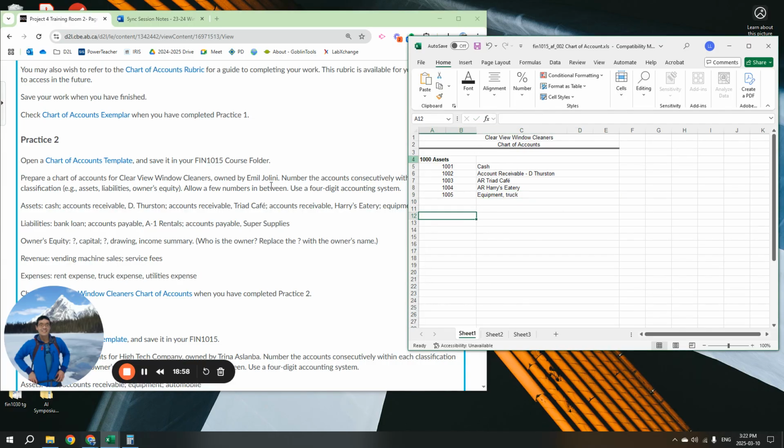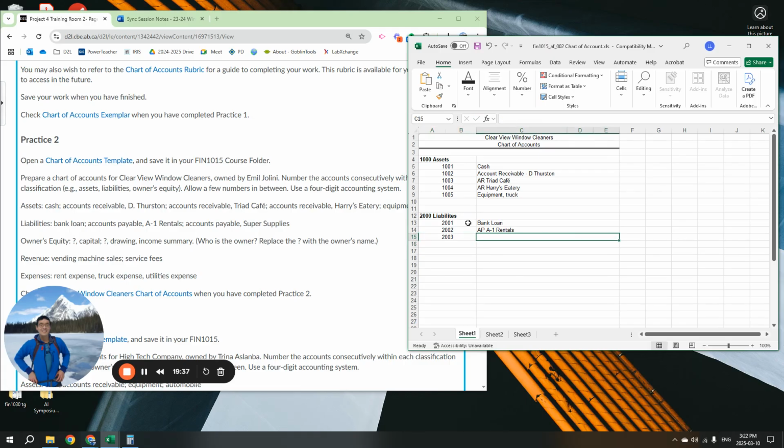What about liabilities? Liabilities should have all account numbers starting with 2. So 2000, liabilities. And let's change the alignment and we'll make it bold as well. So 2001 is bank loan. 2002 is accounts payable to A1 Rentals. And then 2003, why is that bold?